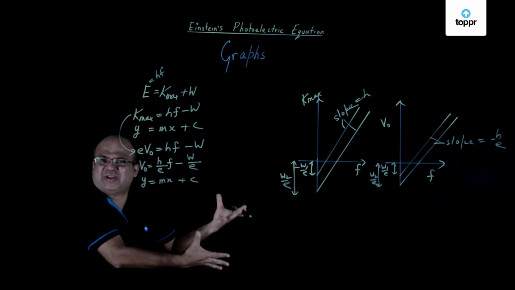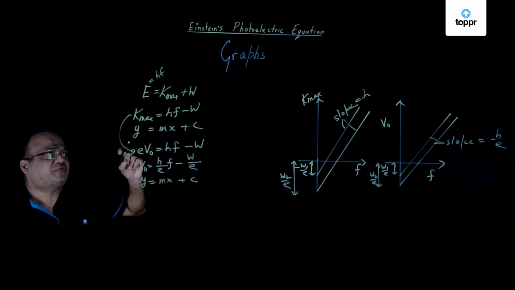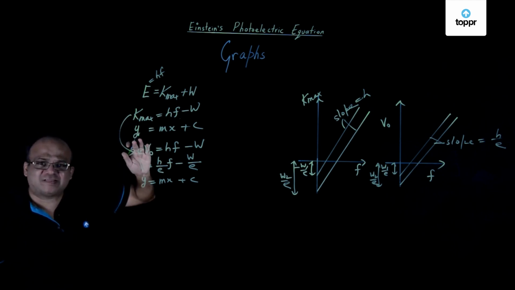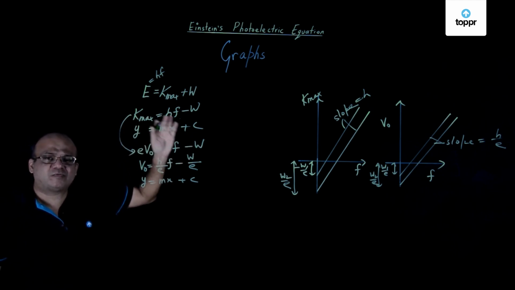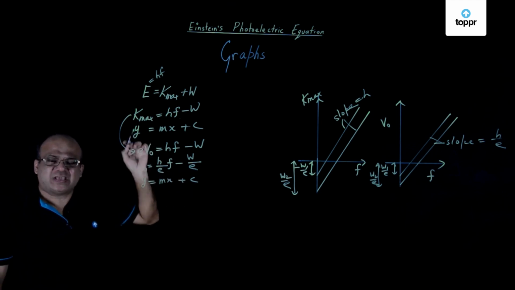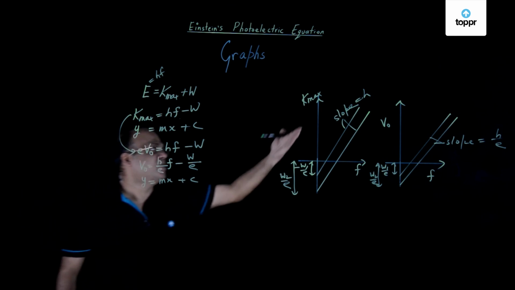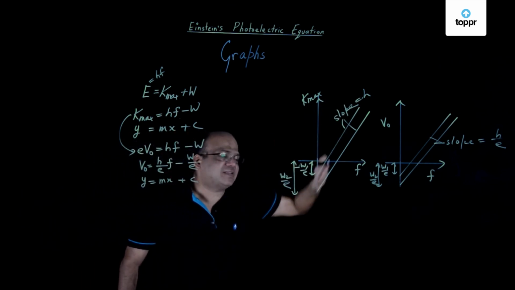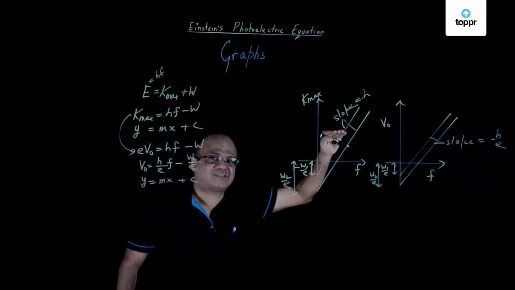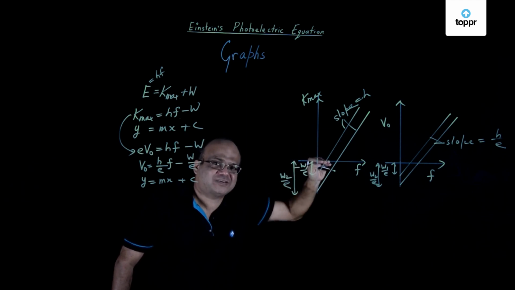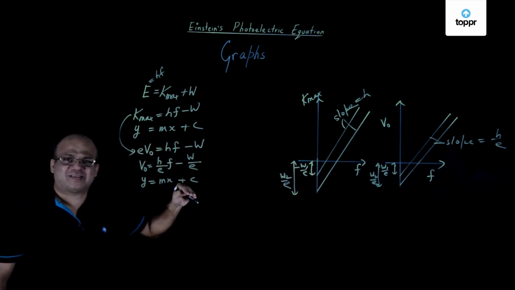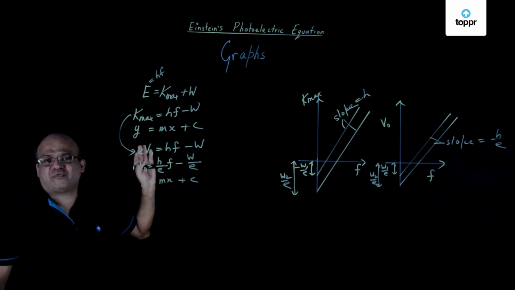A particle of light. So from that equation we get Kmax equal to hf minus work function. When Kmax is plotted against frequency, we get a series of parallel lines whose slope is Planck's constant and whose y-intercept is negative of work function.